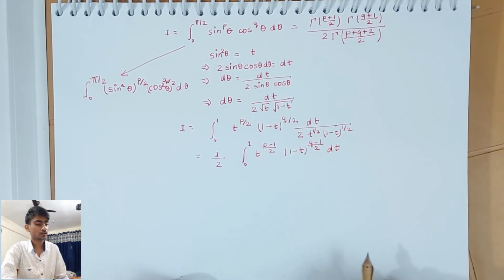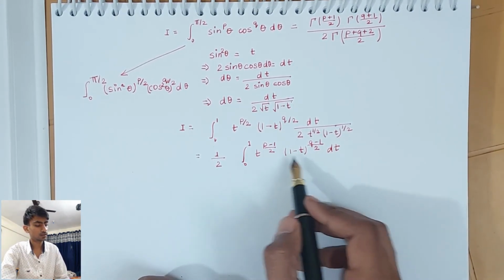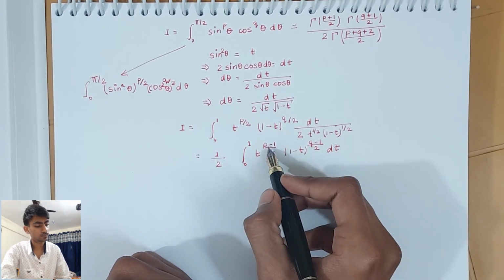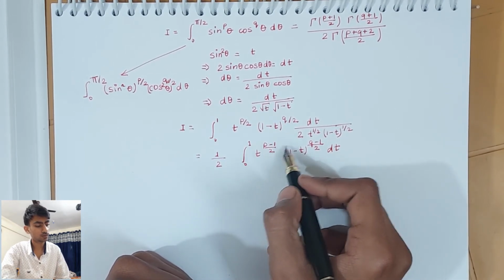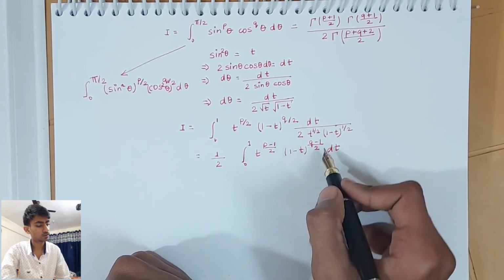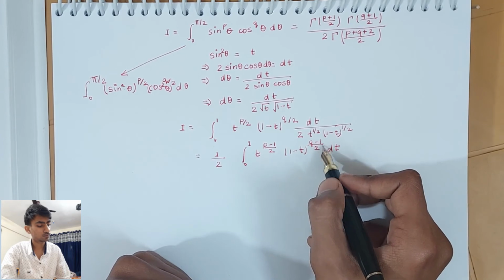Okay, so now you can see this is the beta function with arguments p minus 1 by 2 plus 1. So p minus 1 by 2 plus 1 would be p plus 1 by 2, and similarly it would be q plus 1 by 2.